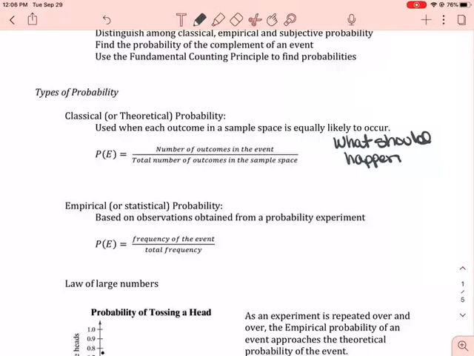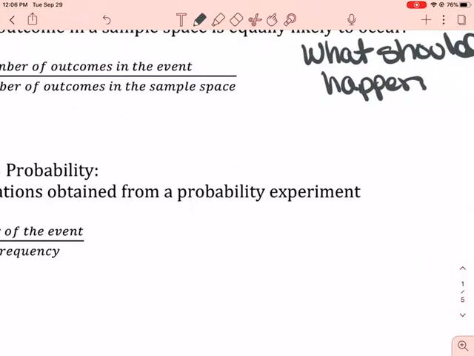Whereas empirical or statistical probability is based on observations obtained from a probability experiment. This is when we're physically doing an experiment and we're looking at the probability. So there's some form of experiment happening.